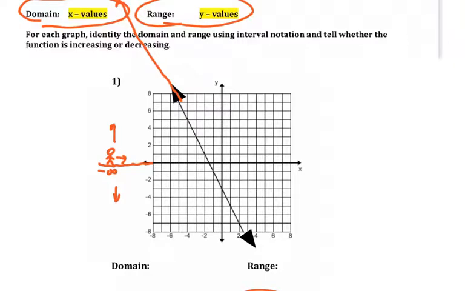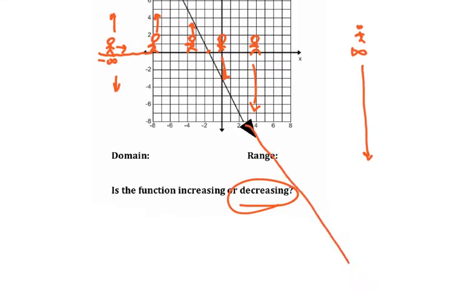So he's in the domain. And as he continues walking, he still can look up and see the graph. Here, he can look up and see the graph. Here, he's standing on the graph. Here, he can look down and see the graph. And over here, he can look down and see the graph. And even over here at positive infinity, if he looks down far enough, there's going to be a graph. Okay, so that is all in the domain.